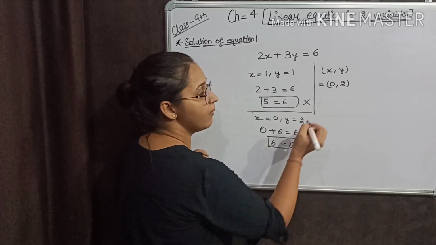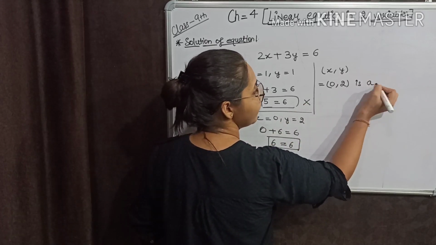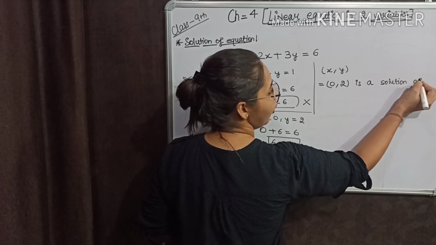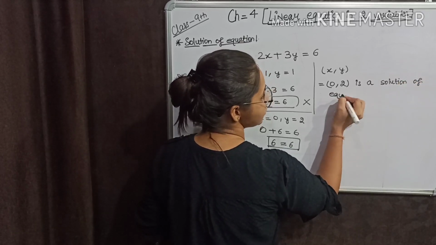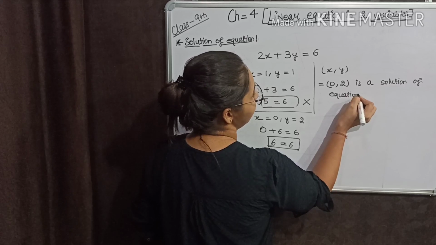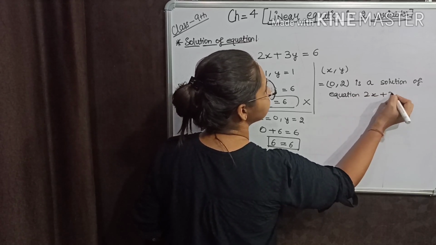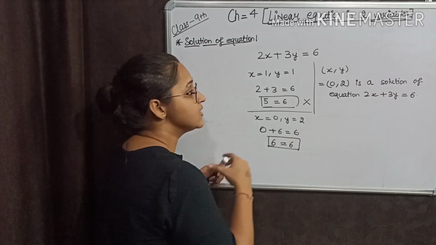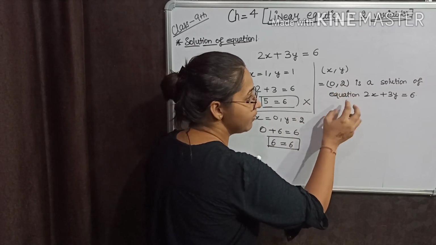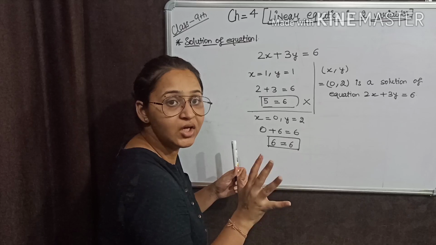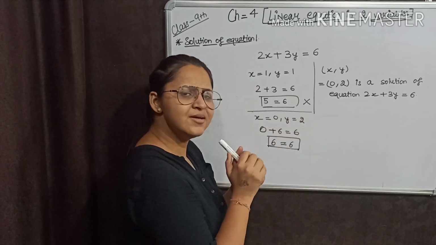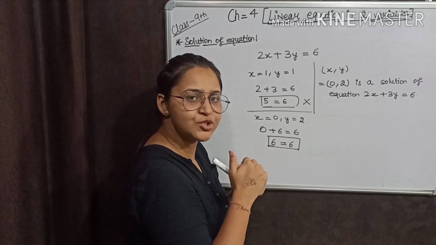So 0 comma 2 is a solution of the equation 2x plus 3y is equal to 6. Understand? 0 comma 2 is a solution, because it is satisfying the given equation. It is making balance.